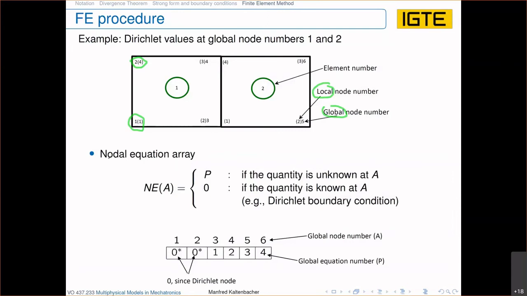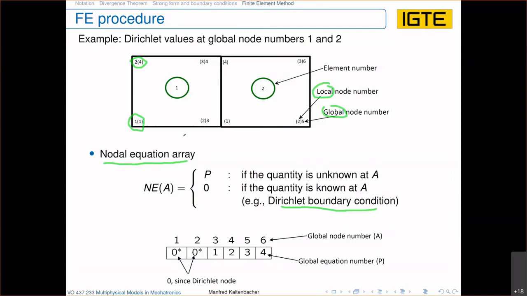For this, you first set up a so-called nodal equation array: you go through all your nodes and put 0 if the unknown is already known there, which is a Dirichlet boundary condition. Otherwise, you provide a number going from 1 to the number of equations.